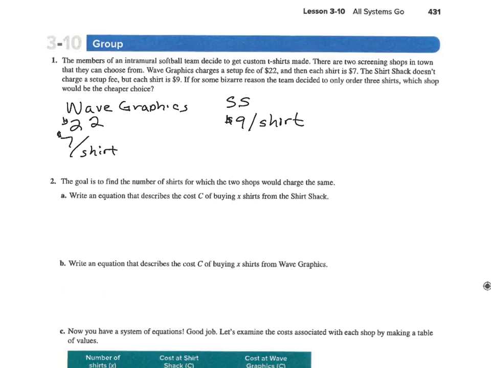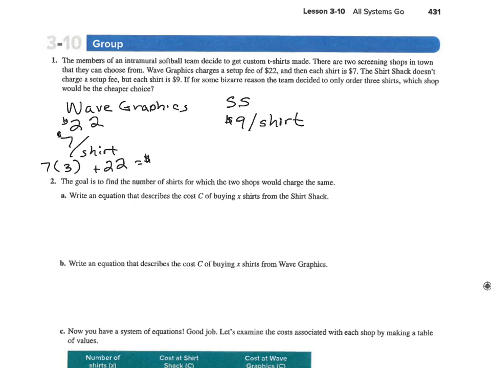If for some bizarre reason the team decided to only order 3 shirts, what shop would be a cheaper choice? Okay, so if we're going to order 3 shirts, we have $7 times 3 shirts. That's for the t-shirts, but remember they had a setup fee, okay?